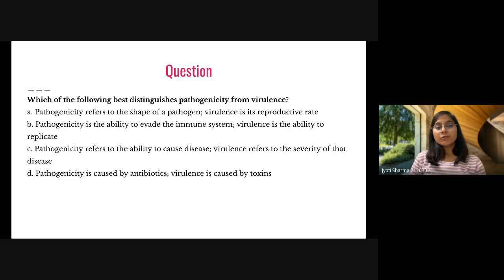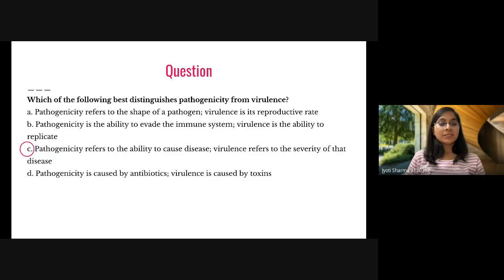So you have to tell me the difference between pathogenicity and virulence. What is the difference between these two terms? Okay, so you think that C is the right answer, and yes, your answer is right.